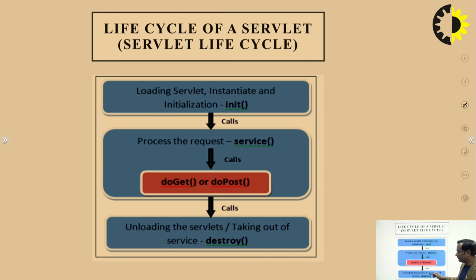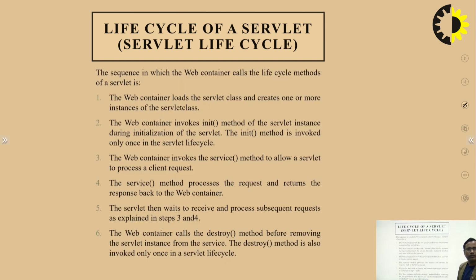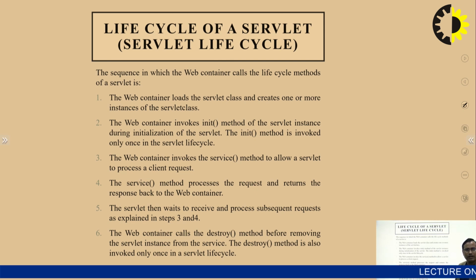And finally, we have to unload the servlet. That means we take this servlet out of service and destroy it by calling the destroy method. So the sequence in which the web container calls the lifecycle methods is like this.